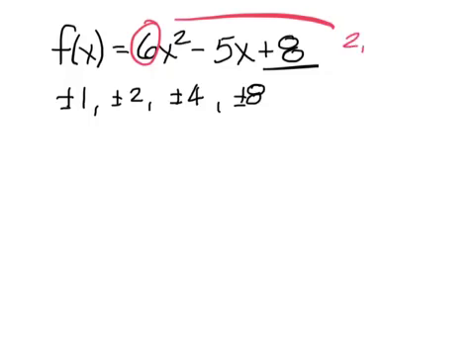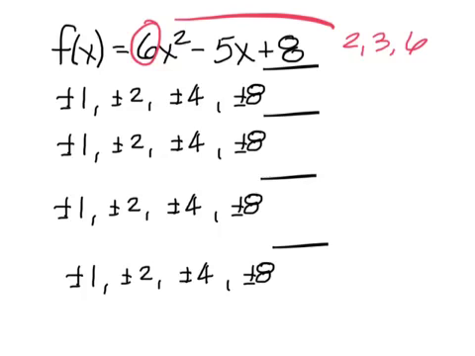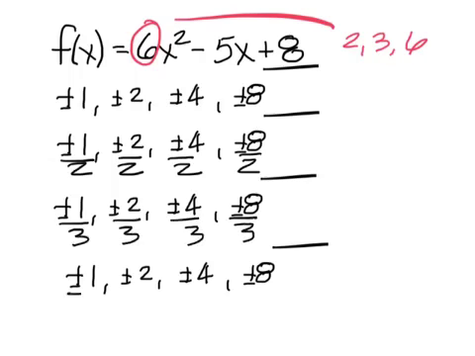So that's going to be 2, 3, and 6. And I speed wrote those out in 2 seconds. So now you can do division by 2 on this line, and division by 3 on this line, and division by 6 on this line.